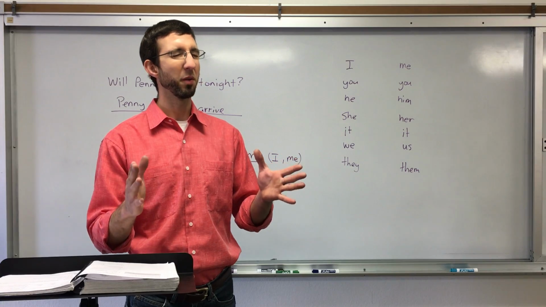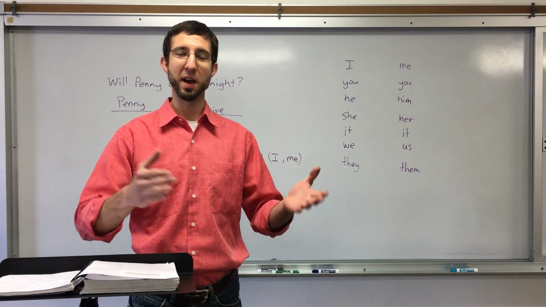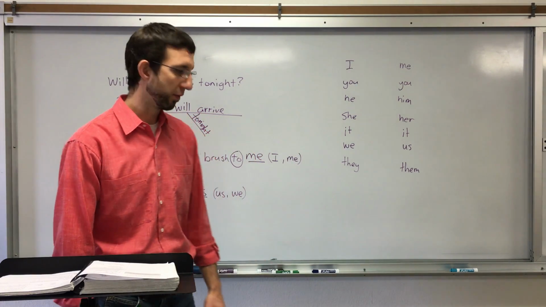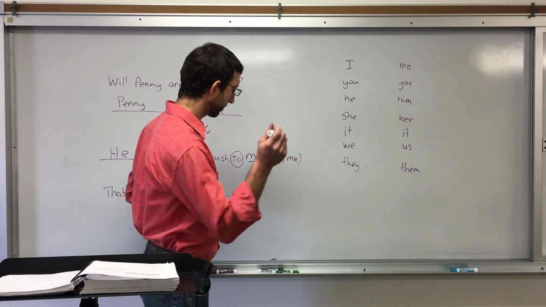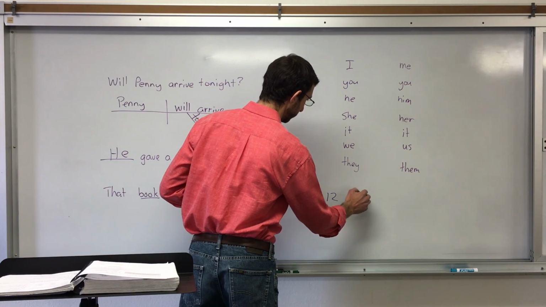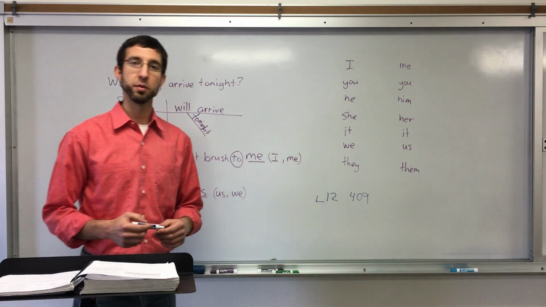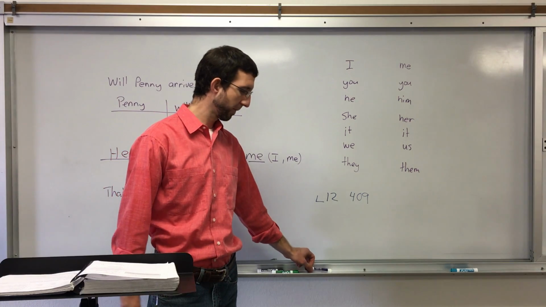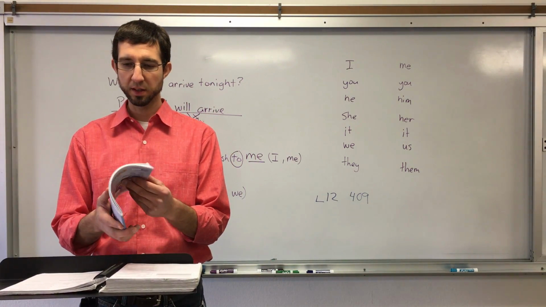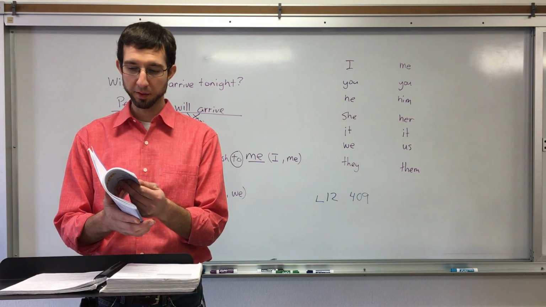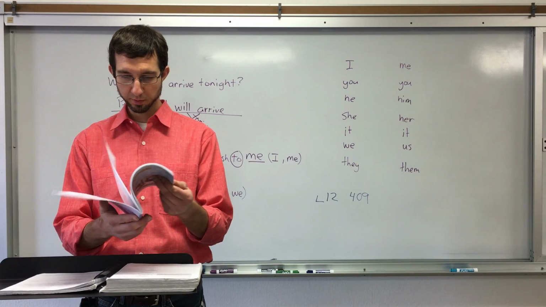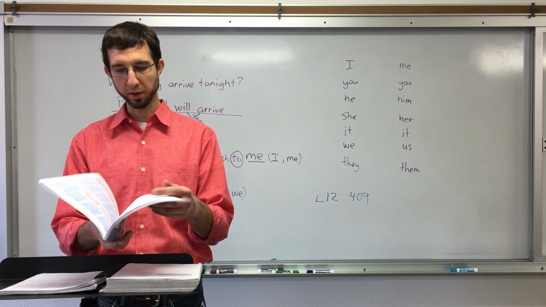If you forget what the proofreader's marks are, go back into lesson 12. And there you will find the proofreader's marks. Actually, they might be in the back of your book. I didn't even think about that, didn't even take a look. You can take a look yourself if you want to. Doesn't look like it.